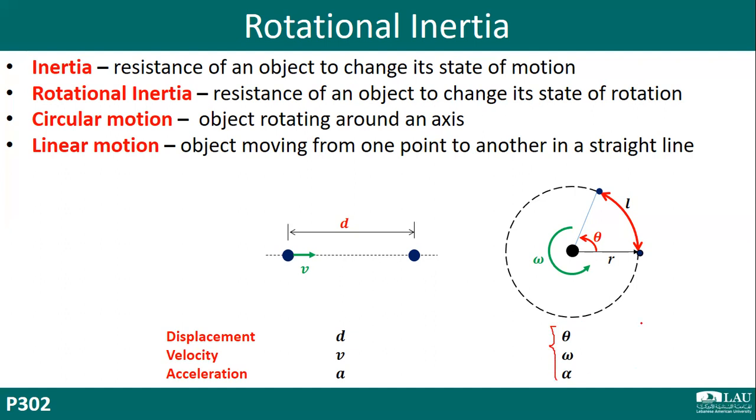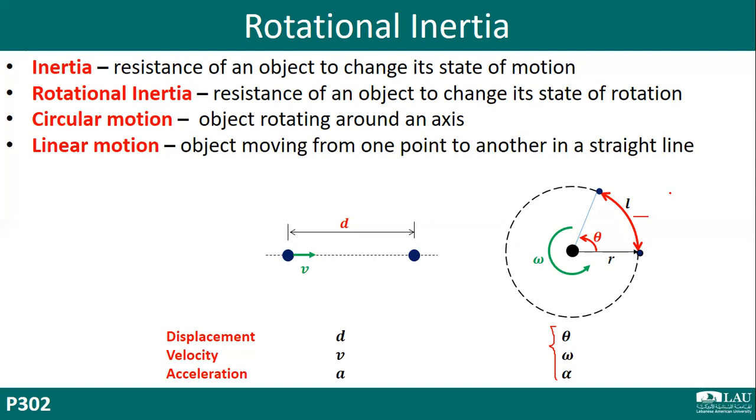Here we have the angular displacement theta, the angular velocity omega, and the angular acceleration alpha. Theta is the angular displacement, and it's equal to the length of the arc, the travel distance L, over the radius of the circle.